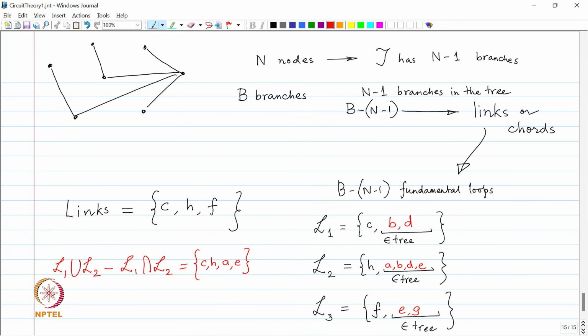Similarly, I can do L1 union L3 minus, oh, it will not work because the intersection is null. There is no intersection between L1 and L3. So, that is not going to work. L2 union L3 minus L2 intersection L3. What is that?